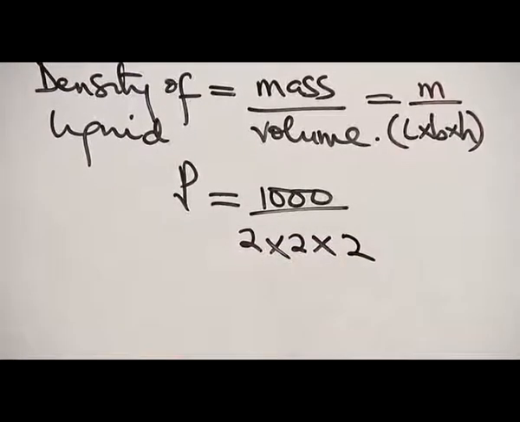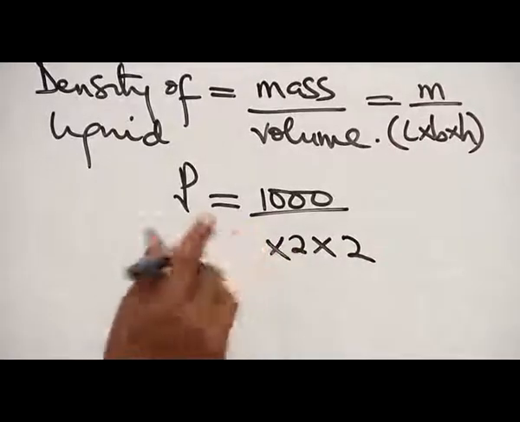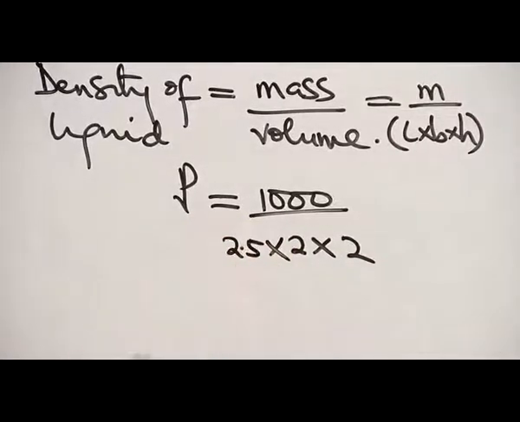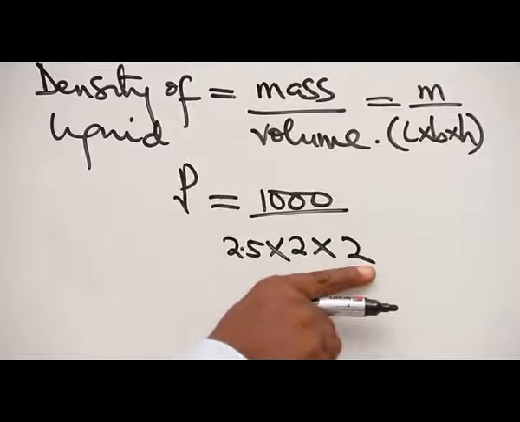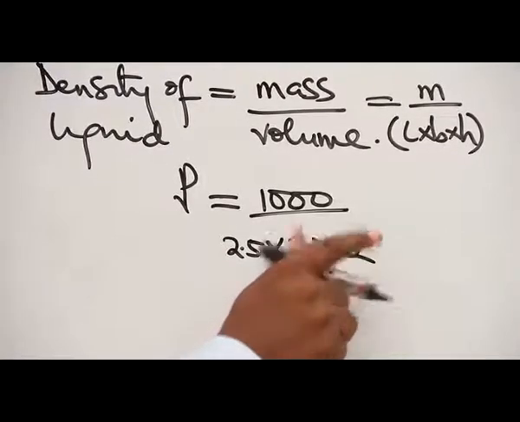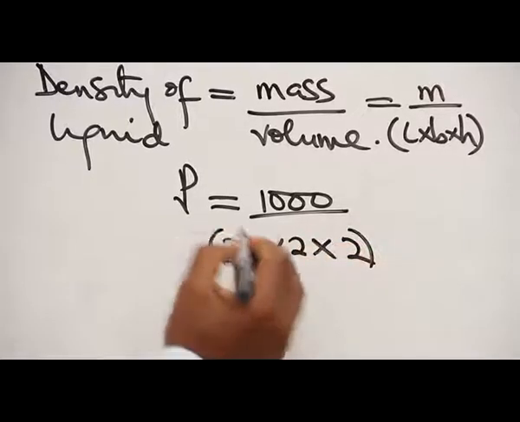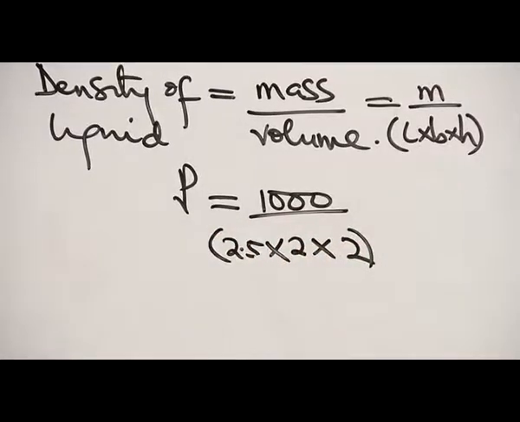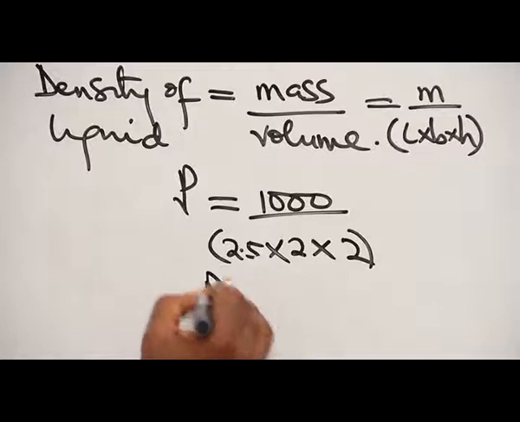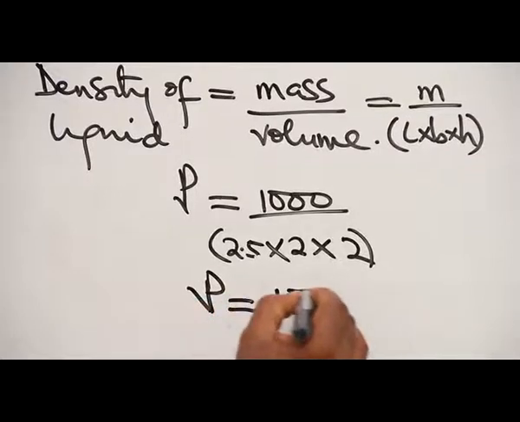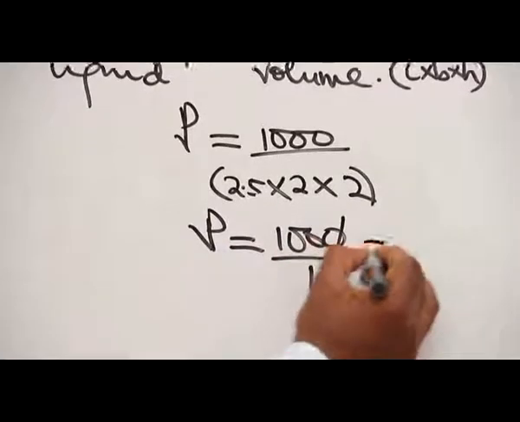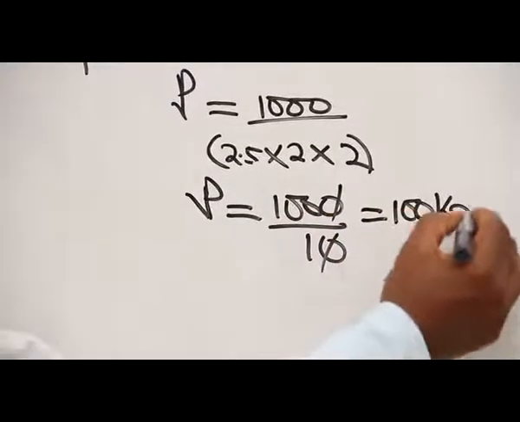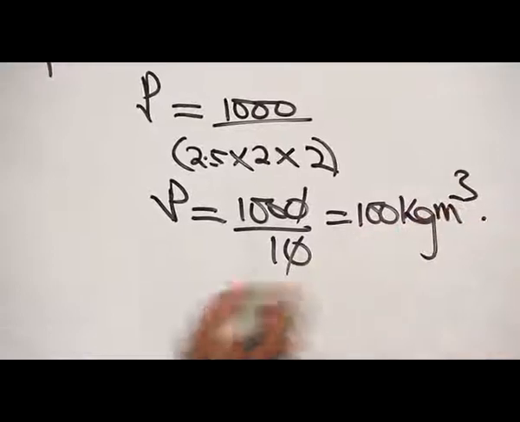Length is 2.5, the breadth or the width is 2, and the depth or the height is 2. So when we put in the values, we end up getting 1000 divided by 10. That will give us 100 kilogram per meter cube.